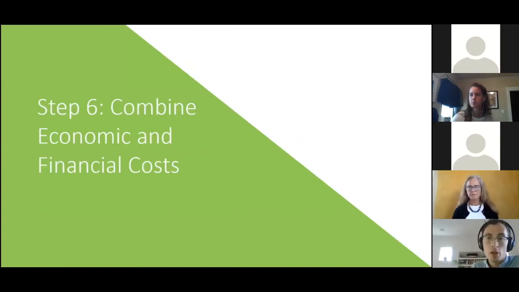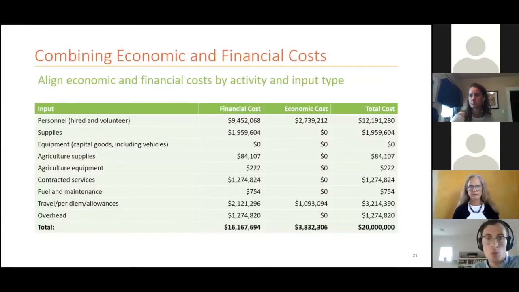So finally, once you have your estimates of your financial and economic costs, it's time to combine the two. Here, we've stratified financial and economic costs by input type, but of course you do this for activity type and sector and platform as needed. Here we show how the two types can be summed.